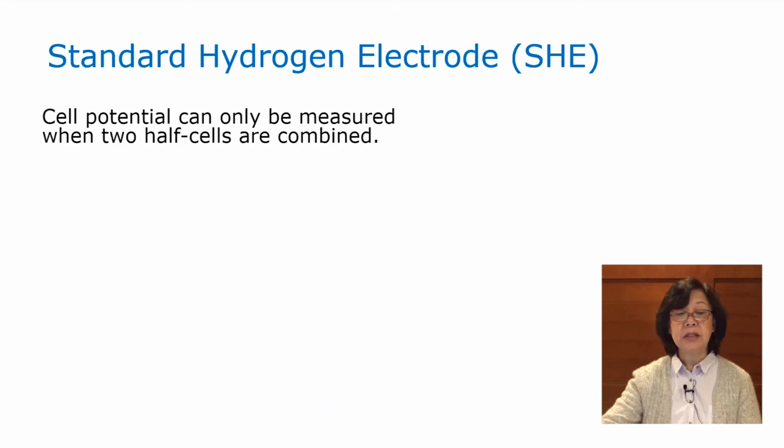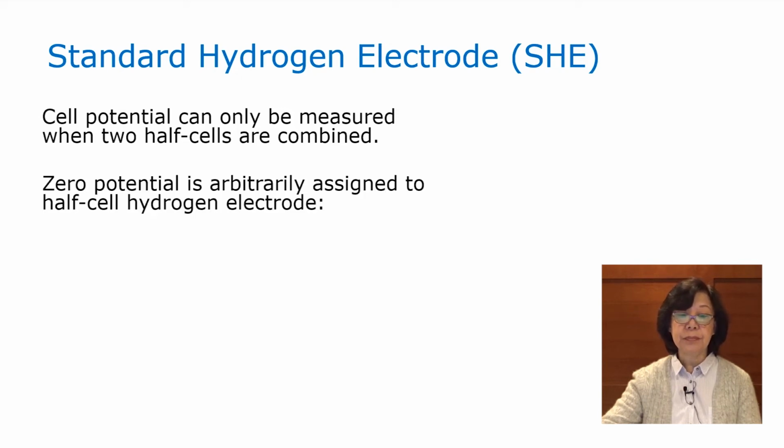Now, because the cell potential can only be measured when two half cells are combined, we must find something that we call a standard. In this case, we employ the hydrogen electrode, which is abbreviated as SHE. In the hydrogen electrode, the zero cell potential is arbitrarily assigned for the reduction of hydrogen ion into hydrogen gas.